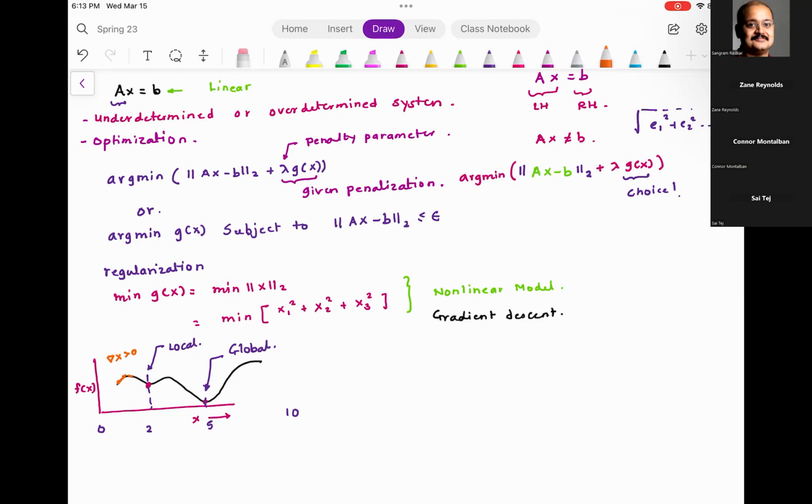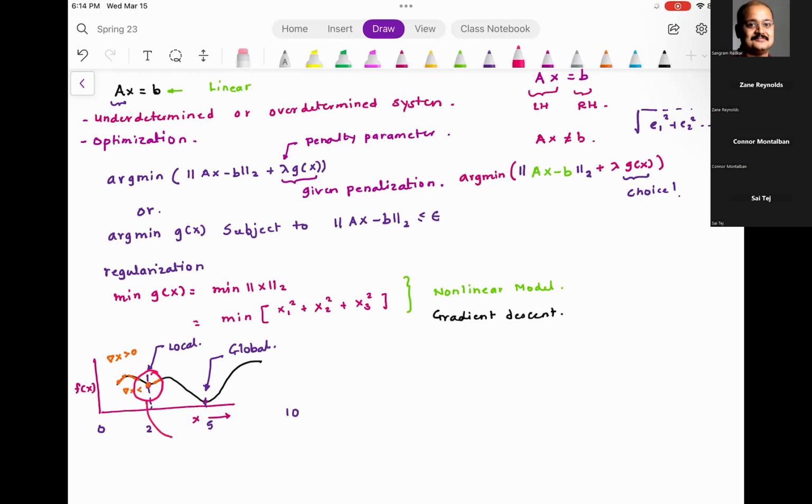Now, if I were to go in this direction, as you can see, my gradient is decreasing, as I go to this point where my gradient is the minimum. I want you to think about this cusp.